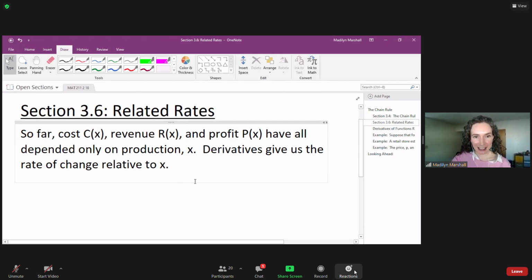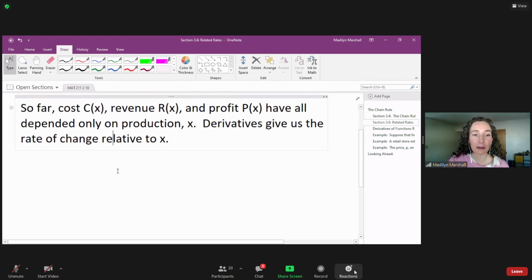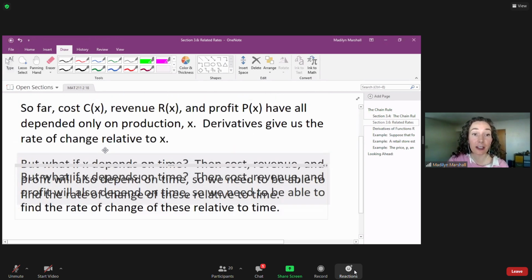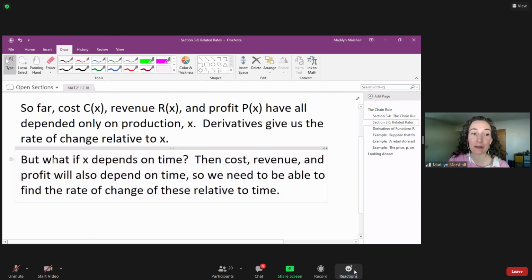But as with anything, there are a lot of things that change at the same time in all of these contexts. And so we have to consider the possibility that x is also changing. Not just going up one step at a time when we're thinking about change in cost per unit, but maybe x is its own function of time.